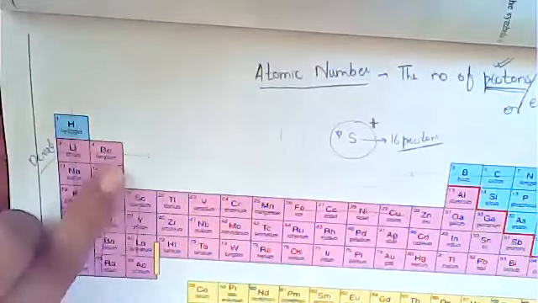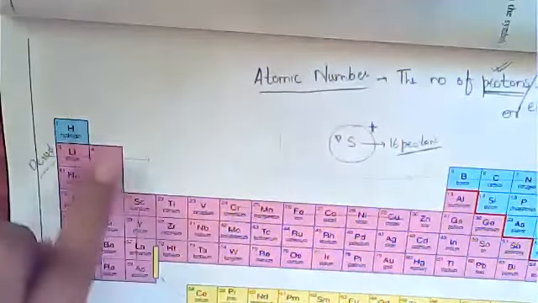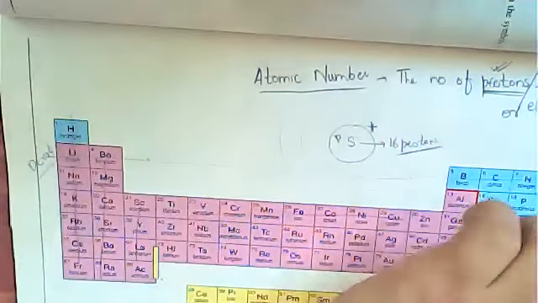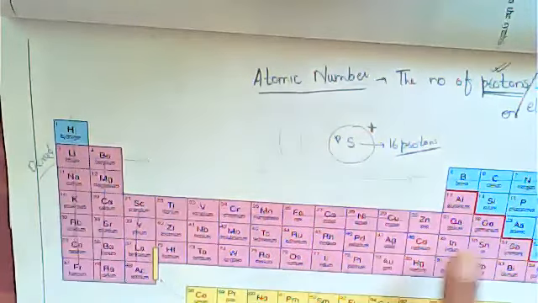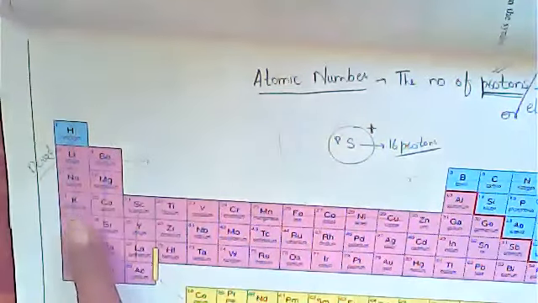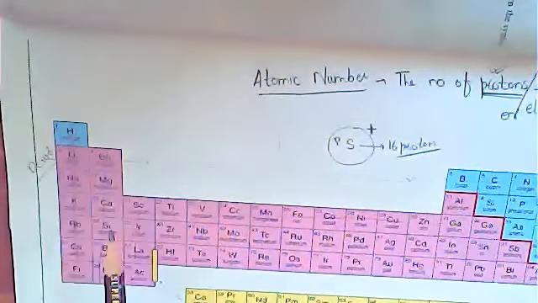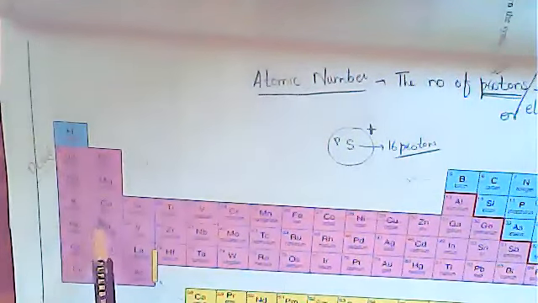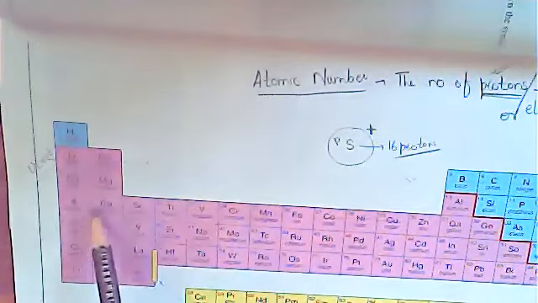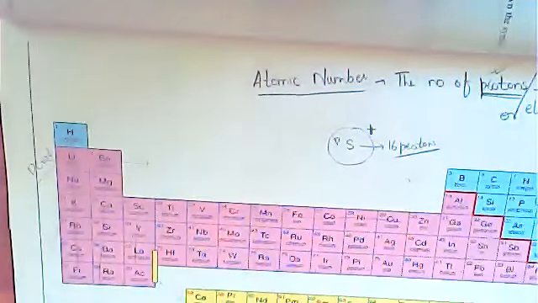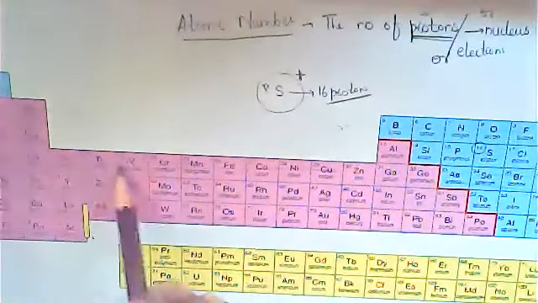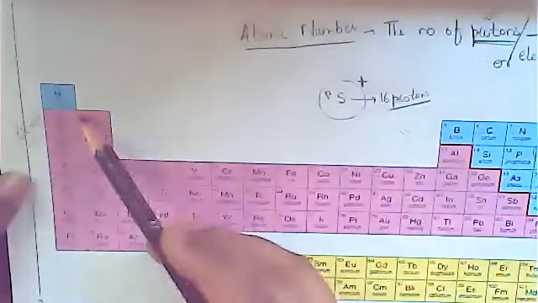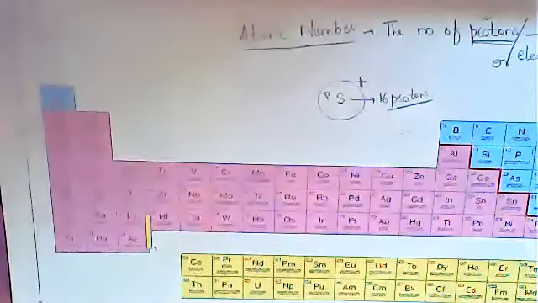Just suppose all of them are metals, and these are non-metals. But when you move from left to right in a period, you will see a gradual change in properties. From left to right, these are metals and these are non-metals. So elements in a period have different chemical properties, but in a group they have similar chemical properties. Is it clear?